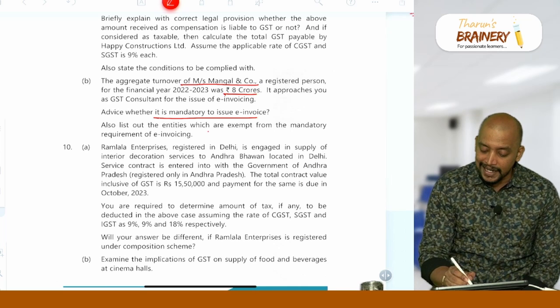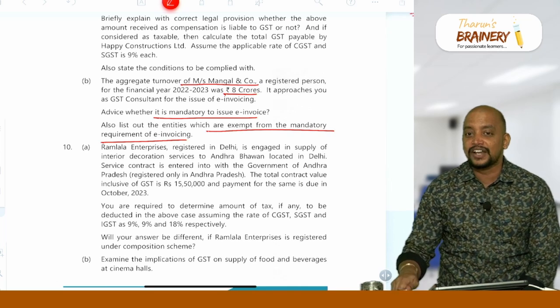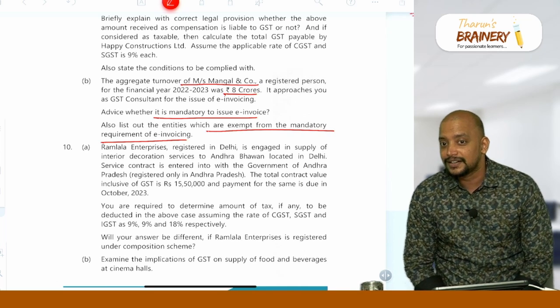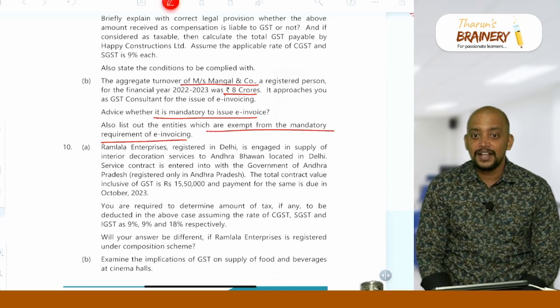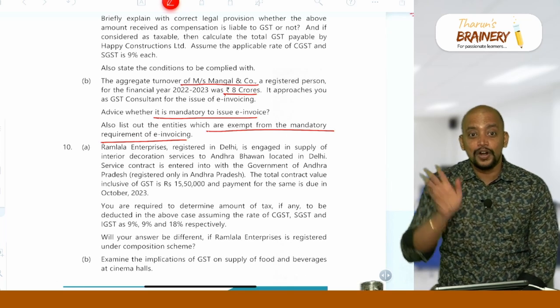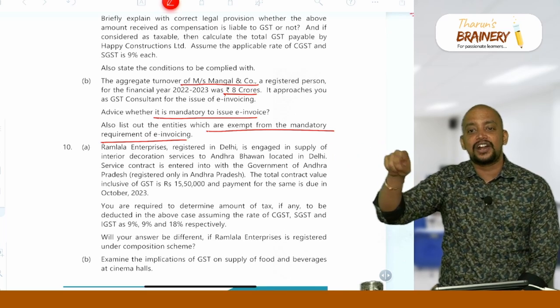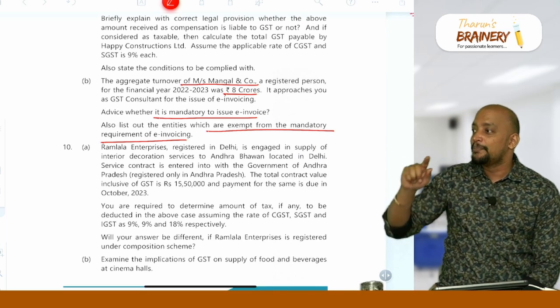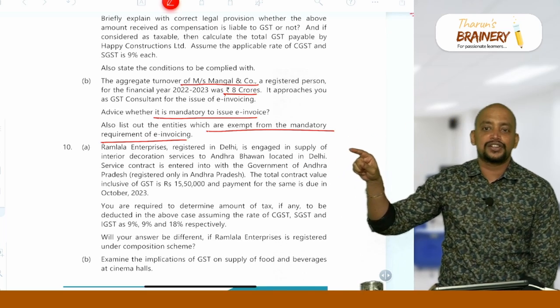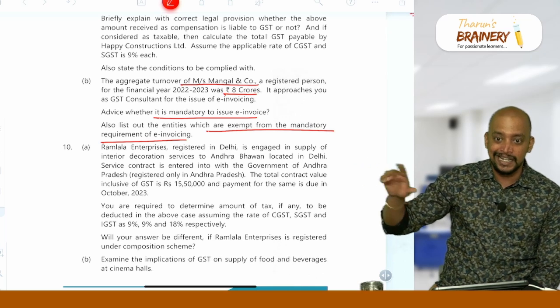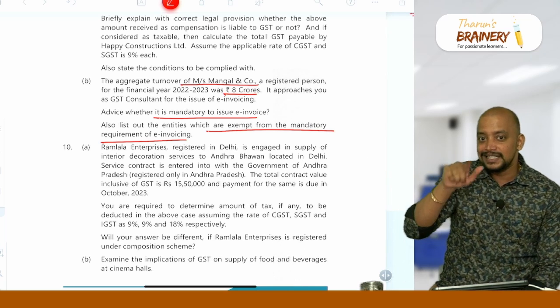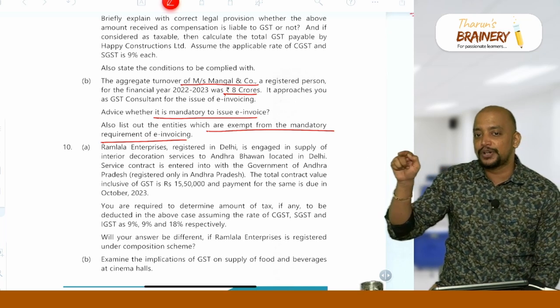Also list out the entities which are exempted from the mandatory requirement of E-invoicing. What you need to write? BIGGEST. Don't write just BIGGEST, write the full form. B for, first one, the following persons are not required to give E-invoice. Number 1, banking company or financial institution including NBFC, insurance company. G, goods transport agency.